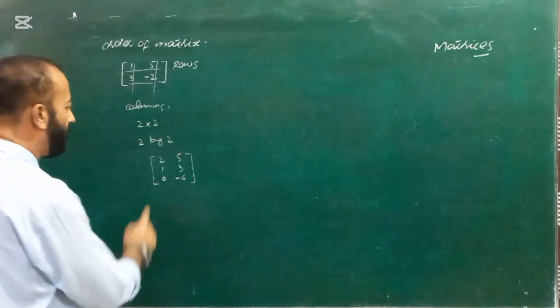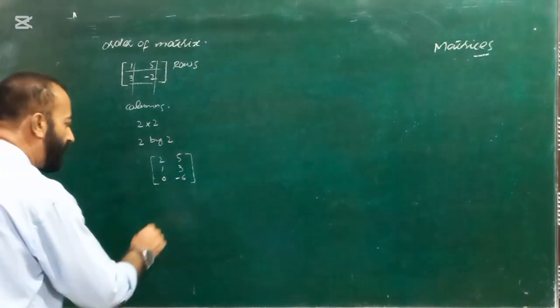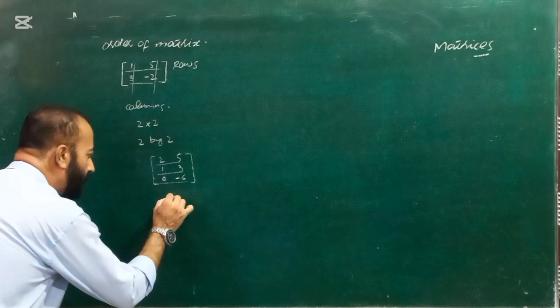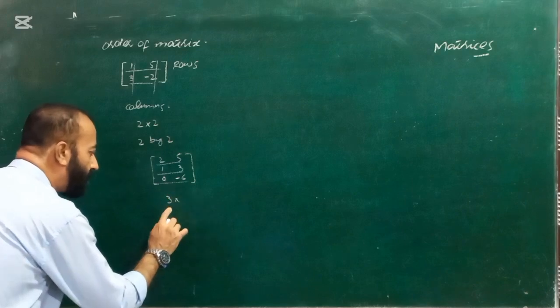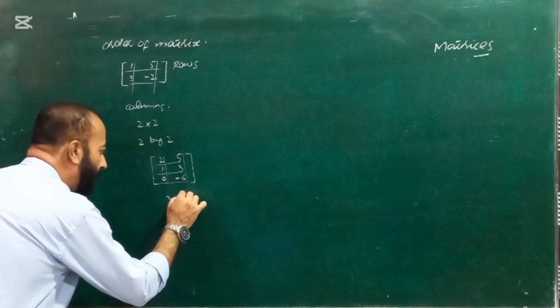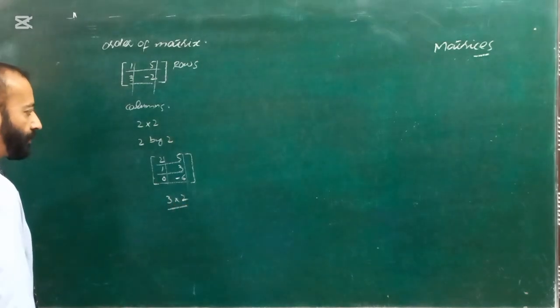Okay, if we are required to find the order of this matrix, so look now, there are 1, 2, and 3 rows. So 3, because rows will be written first, and then there are 2 columns. So 3 by 2 is the order of the matrix.